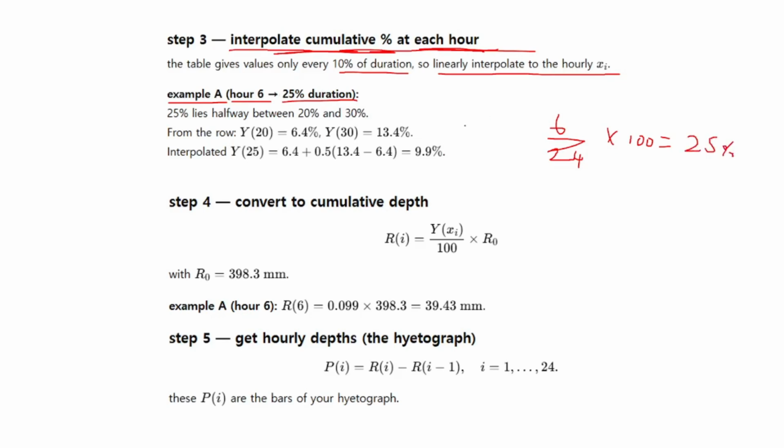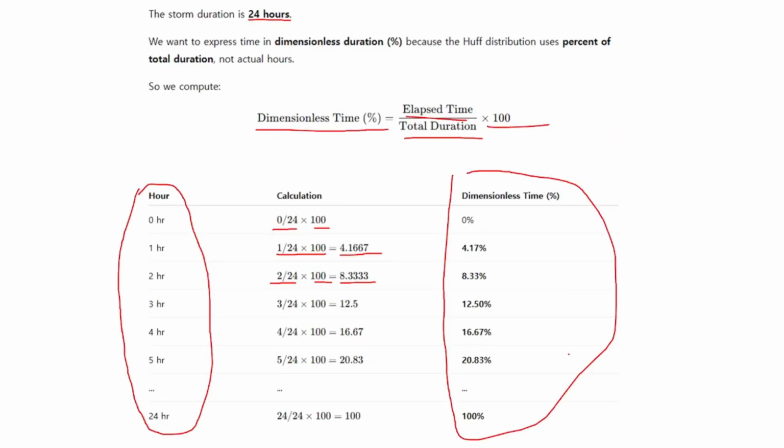So 6 hours in 24 hours is equal to 25% duration. So it's basically this, but instead of 5, for 6 this is 25%.